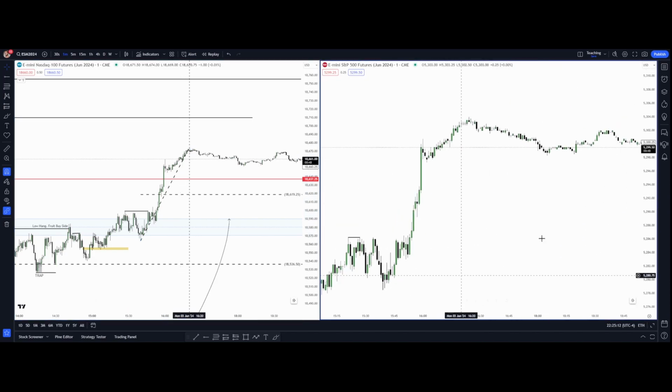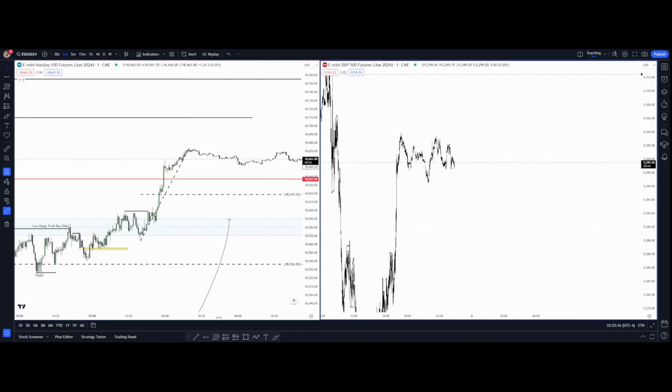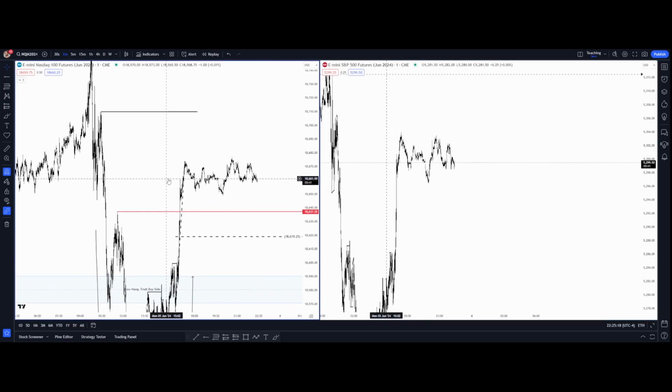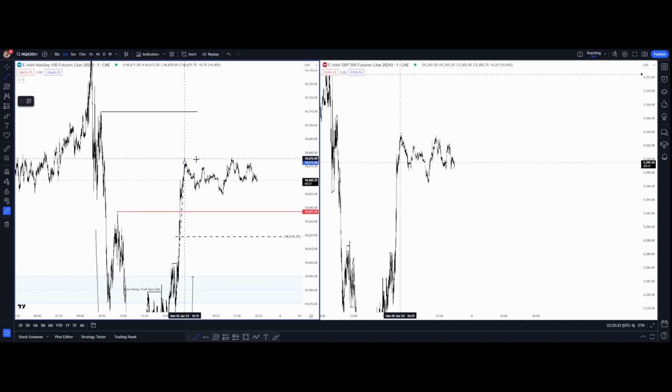Let's take a look at the highs as well. So the highs, oh actually yeah, okay. There's divergence probably on the 5 or 15. So that should be the high.